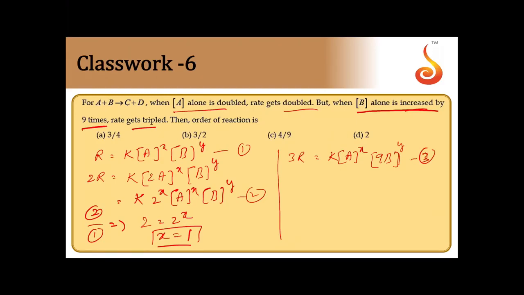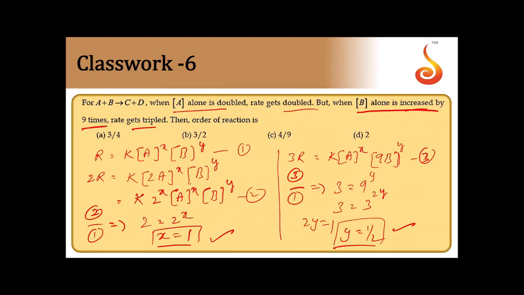Now dividing equation 3 by 1, 3 is equal to 9 to the power of Y. This means 3 is equal to 3 to the power of 2Y we can write. This implies 2Y is equal to 1, therefore Y is equal to 1 by 2. So Y is 1 by 2. X is 1, Y is 1 by 2, summation of those two comes to 3 by 2.